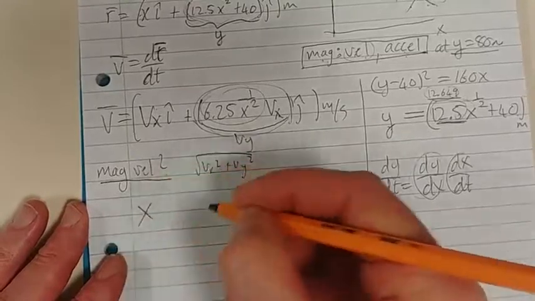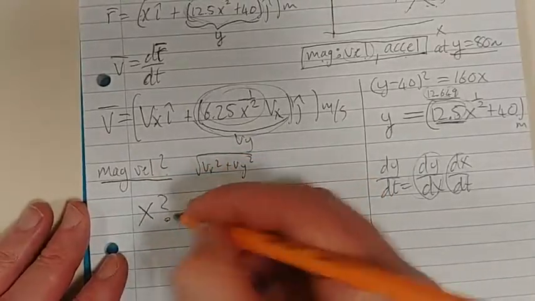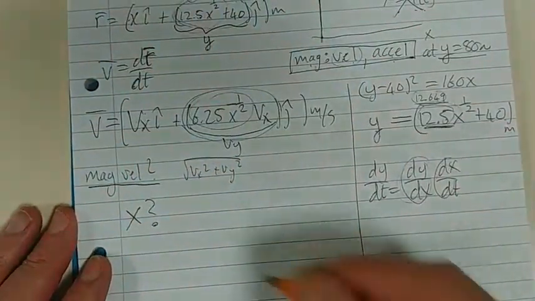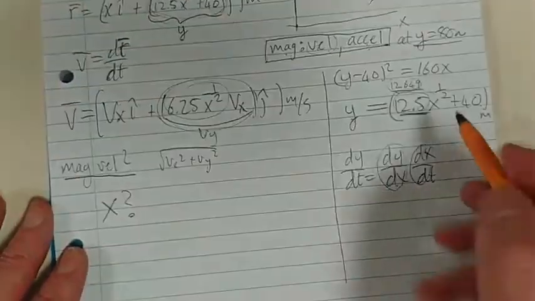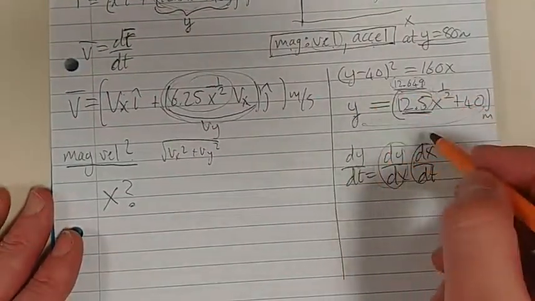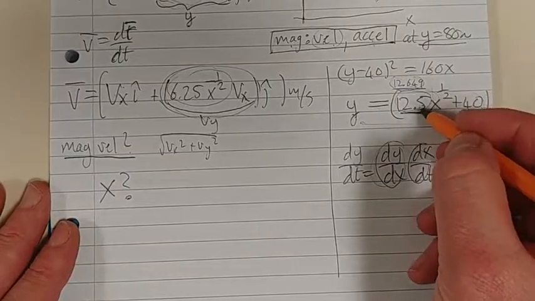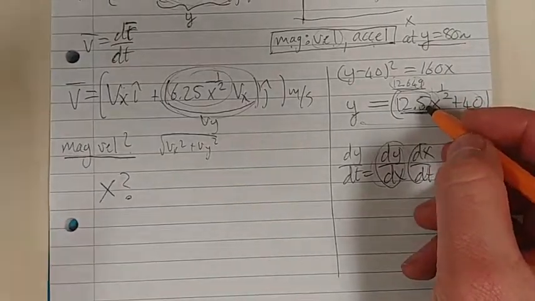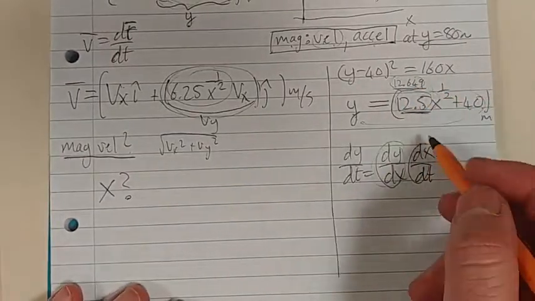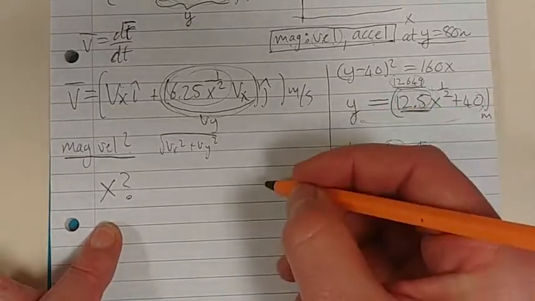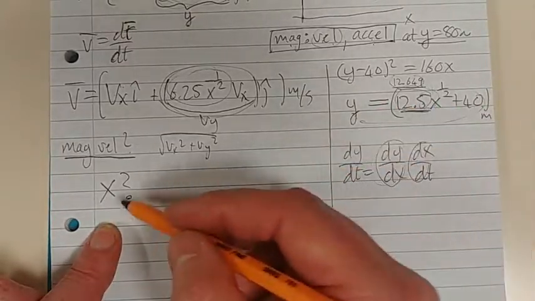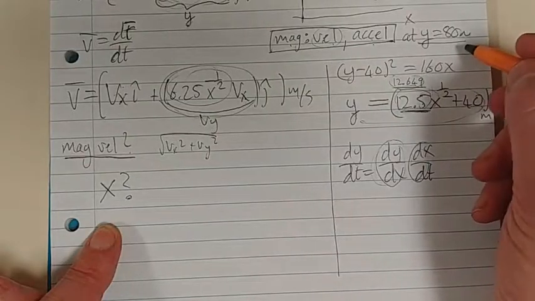What is x? How do I solve for x? Well, I can use this function here. Again, that's incorrect at 12.5, but I'm using it. It should be 12.649. I know we're looking for x at y equals 80.